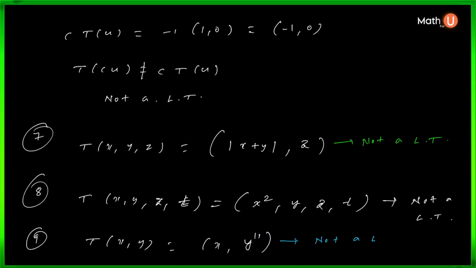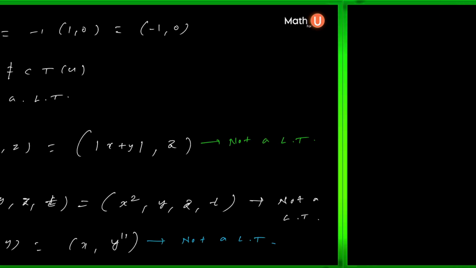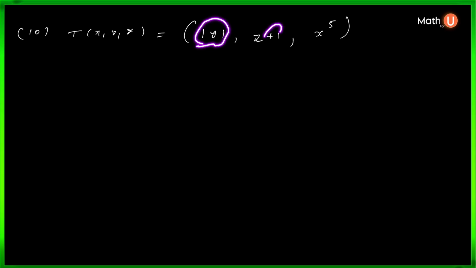Next, the 10th one is T of (x, y, z) that is equal to (mod of y, z plus 1, x raised to the power of 5). It is not a linear transformation because it contains a modulus, a constant term is added to z, and x contains a power also.